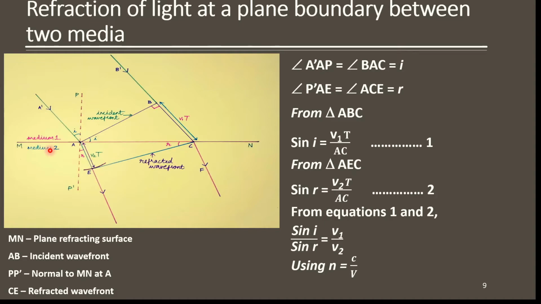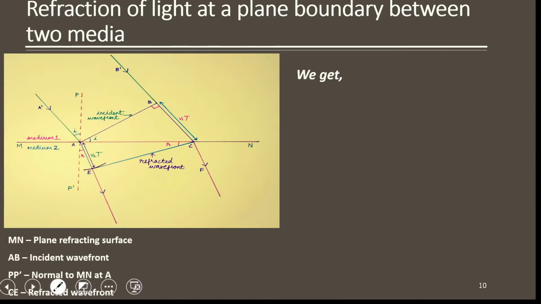Using n equal to c upon v, we can write V1 equal to c upon n1, V2 equal to c upon n2. Substituting the values of V1 and V2 in the equation sin i upon sin r equal to V1 upon V2, we get sin i upon sin r equal to n2 upon n1. n1 sin i equal to n2 sin r.